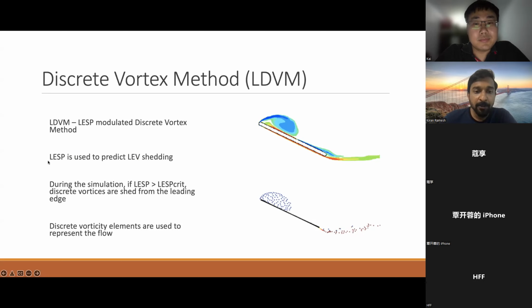So LESP is used to predict leading edge vortex shedding, just as we showed previously. And during the simulation, if at any time the LESP becomes greater than the critical value, then we start shedding these discrete vortices from the leading edge to simulate leading edge vortex formation. So here, discrete vortex elements are used to represent the separated flow.